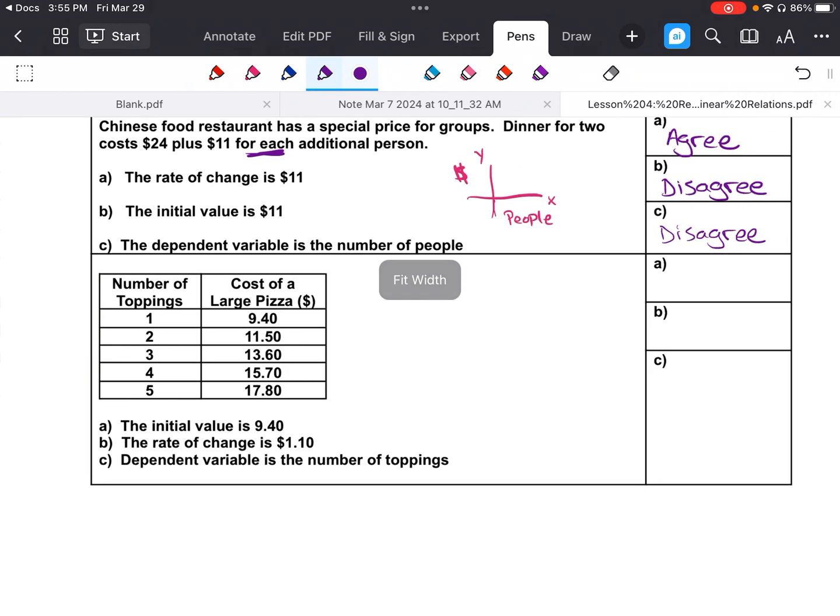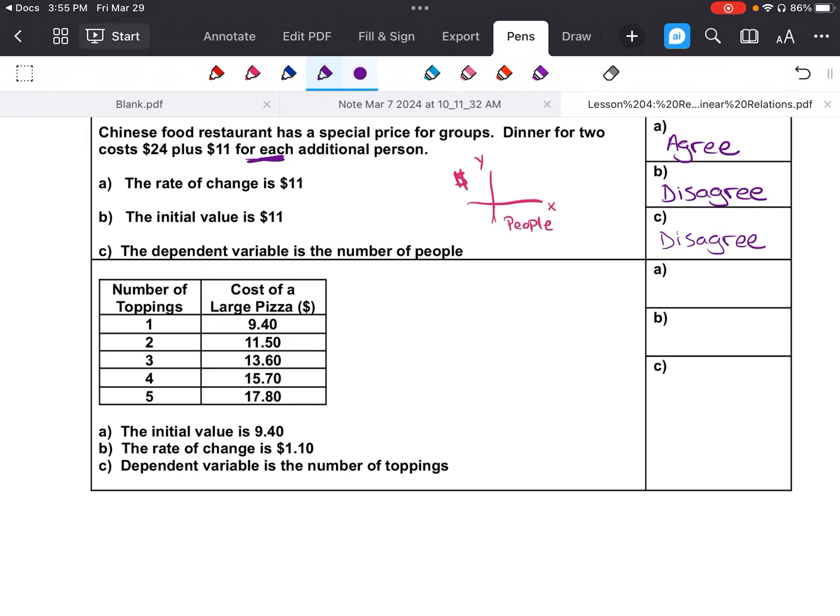Okay, last one. The initial value is 940. So again, initial value happens when x is 0. That's not listed on this chart. It's $9.40 for a one topping pizza. So we will disagree. The rate of change is 110.